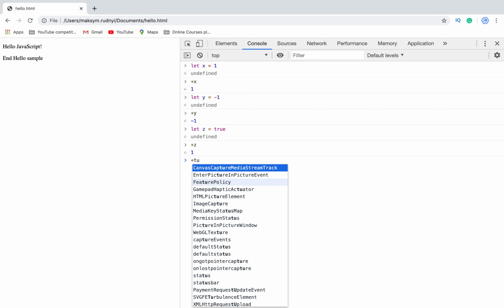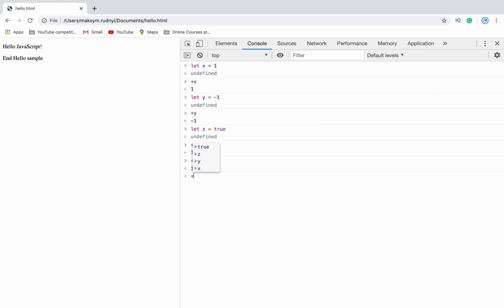We can use the same with true or false. We convert to number. And the same worked with strings. In this case it doesn't work, but for this one it works.